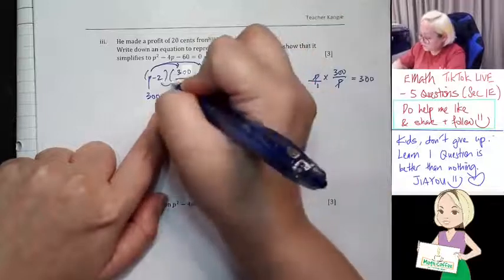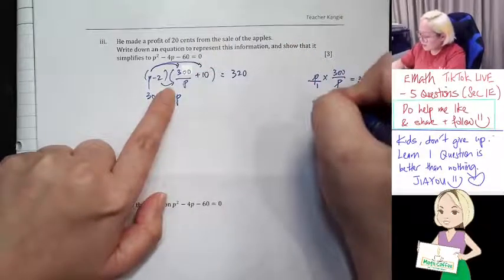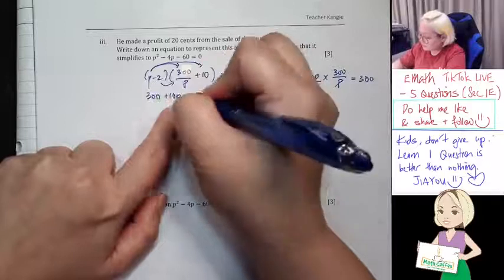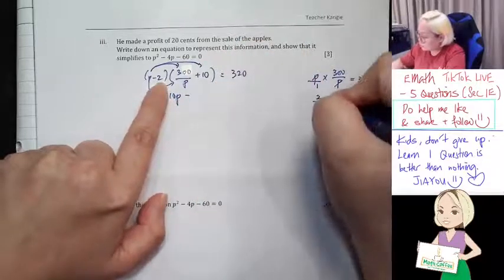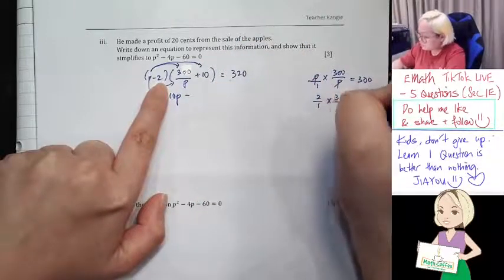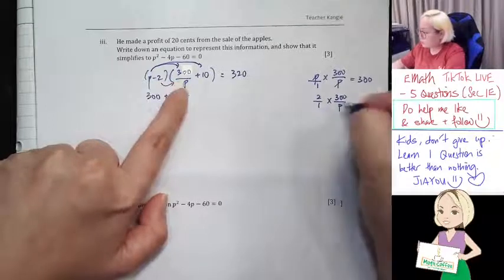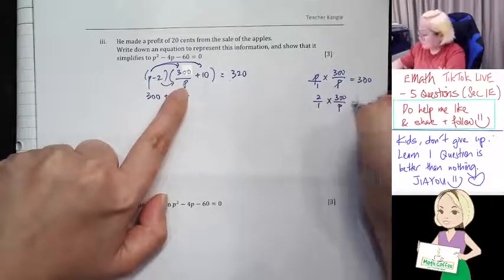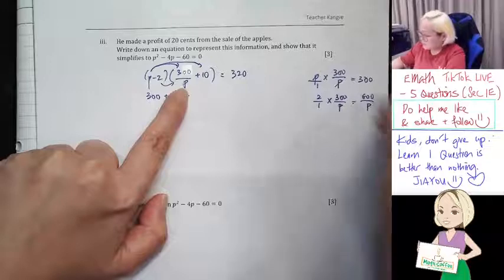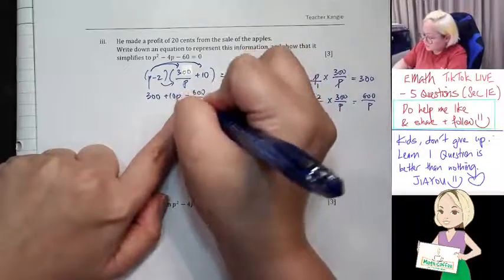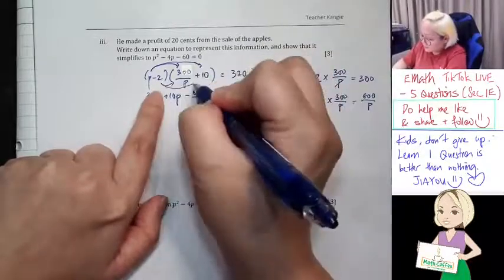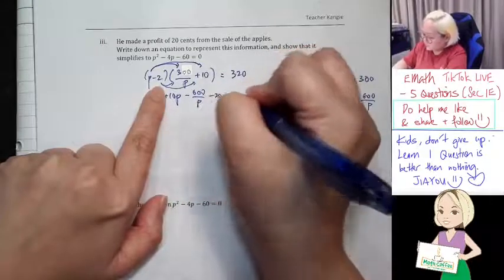Now next, this one also difficult, right? So you see, minus 2, minus times plus is a minus. So at the side, I will put 2 over 1 multiplied by 300 over p. 2 times 300 over p is 600 over p. So this one is 600 over p. The last part, this one times this one will be minus 20.